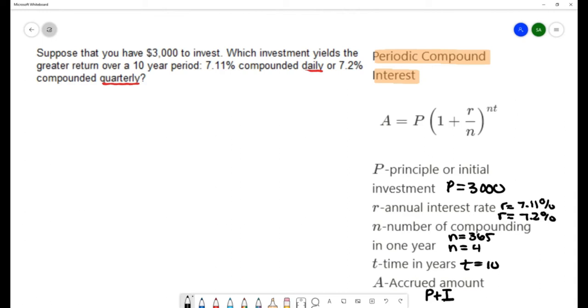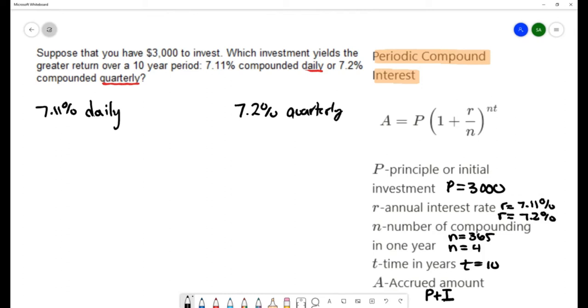So we're going to use our formula for the two situations. We've got 7.11% daily, and 7.2% quarterly.